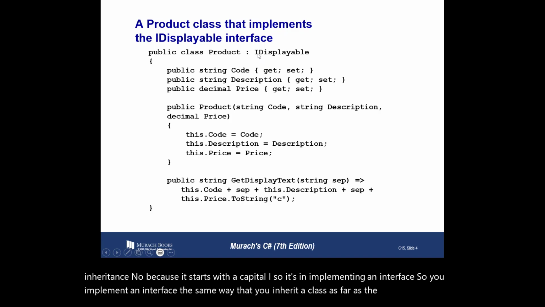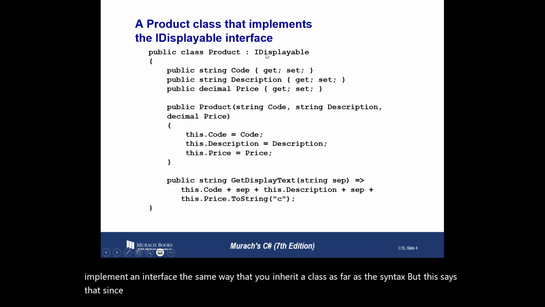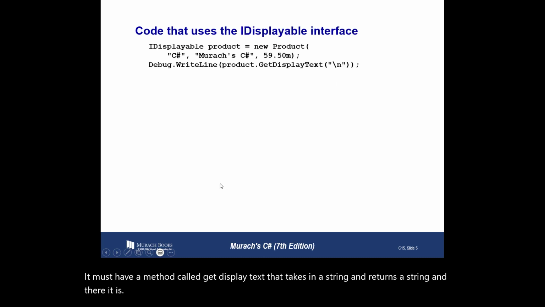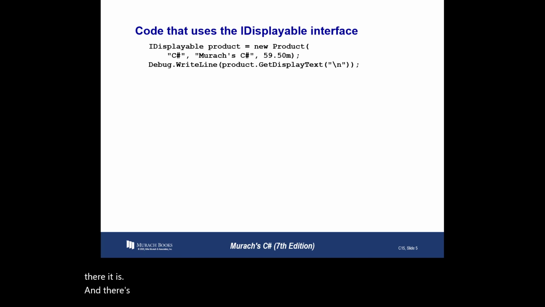But this says that since we're implementing the IDisplayable interface, Product must have a method called GetDisplayText that takes in a string and returns a string. And there it is. And there's an example of how it's used. It doesn't really look a whole heck of a lot different.